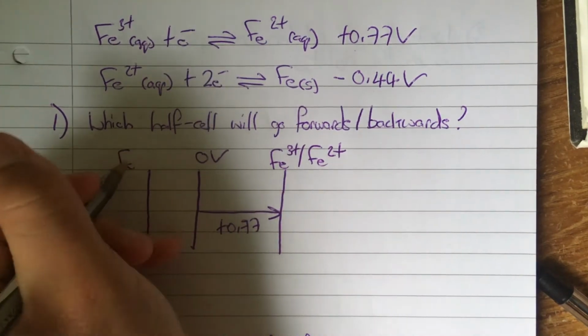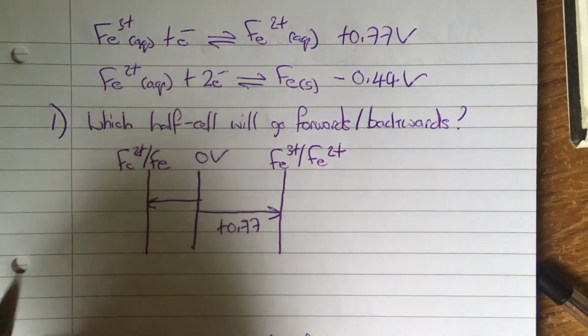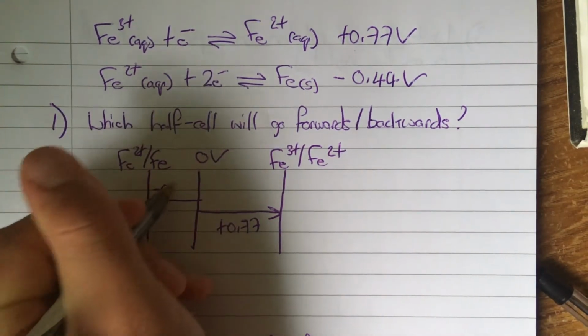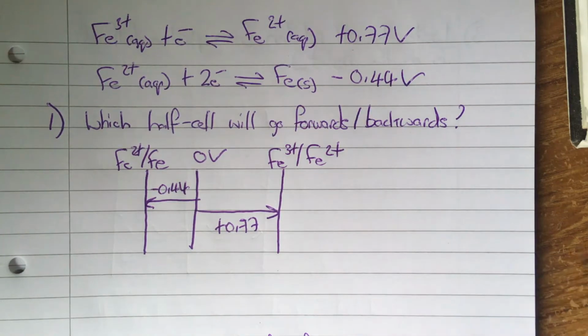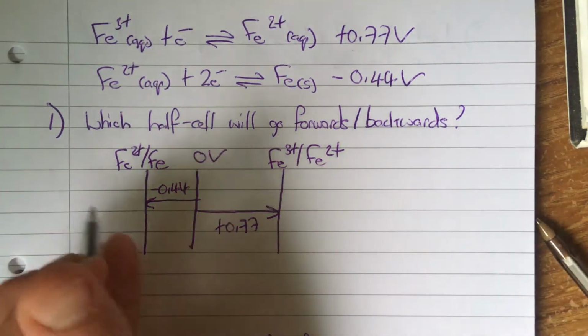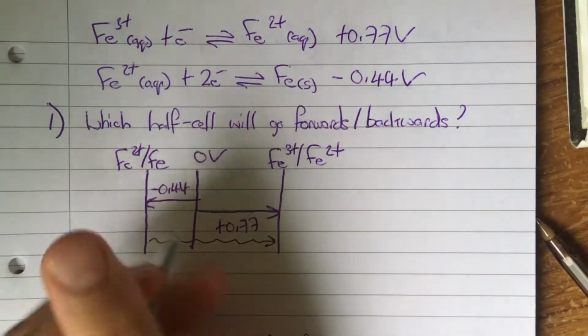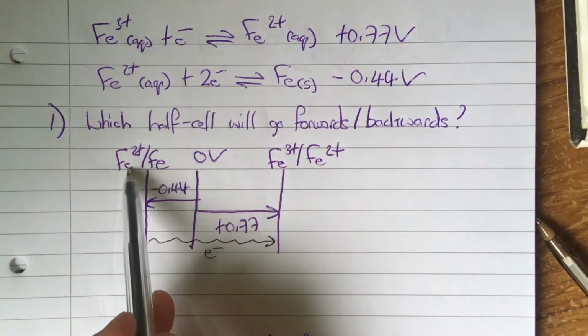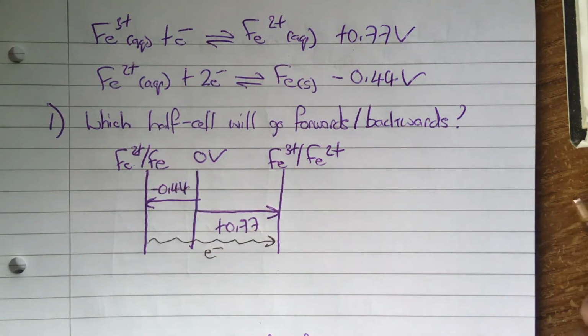So this is my iron 2+ to iron solid, and that is minus 0.44. Now we know that electrons flow from the more negative to the more positive, so I'm going to draw my direction of electrons flowing from iron 2+/iron to iron 3+/iron 2+.